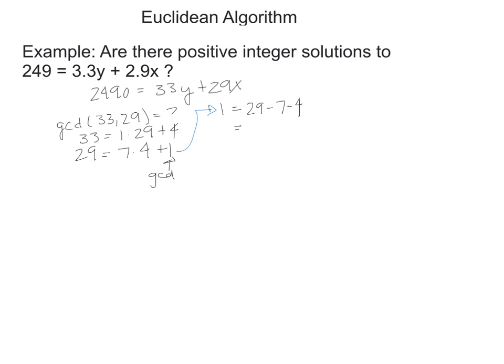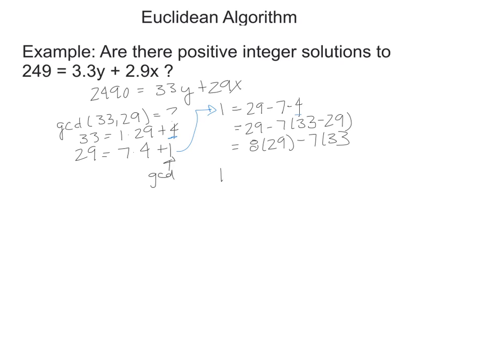But then the next thing is we're going to substitute this 4, and we're going to have 29 - 7 times (33 - 29). So then we're going to have 8 times 29 - 7 times 33.